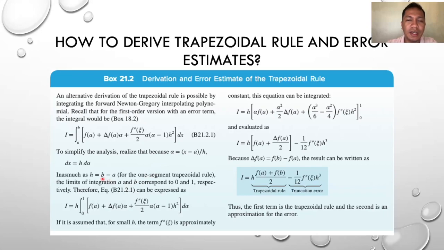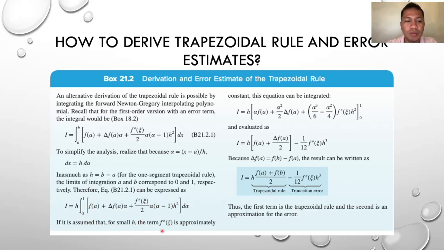Inasmuch as h is equal to b minus a for one segment trapezoidal rule, the limits of integration a and b correspond to 0 and 1 respectively. Therefore, this equation can be expressed in this equation. So I is equal to h times the integral of fa plus delta fa alpha plus f double prime xi over 2 alpha quantity alpha minus 1 times h squared d alpha from 0 to 1.